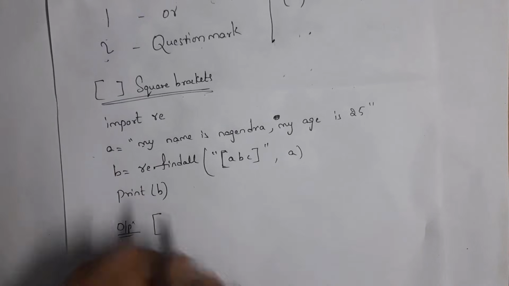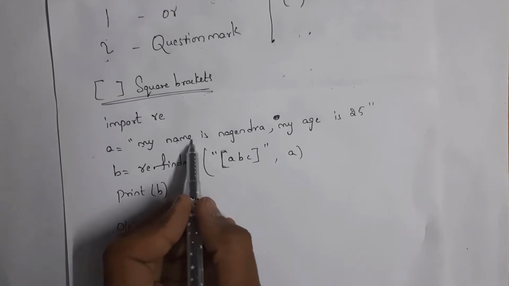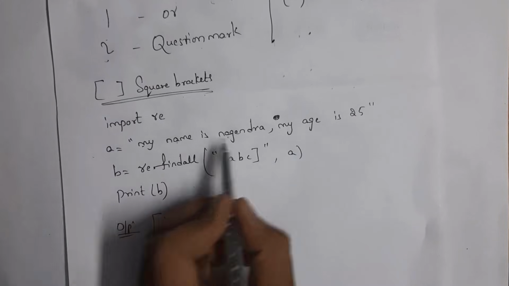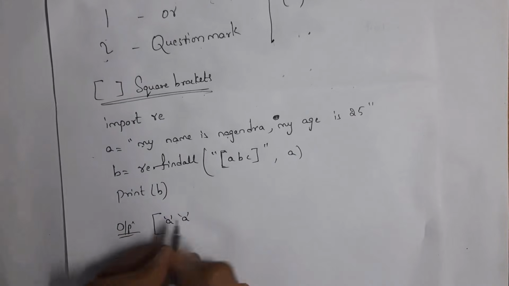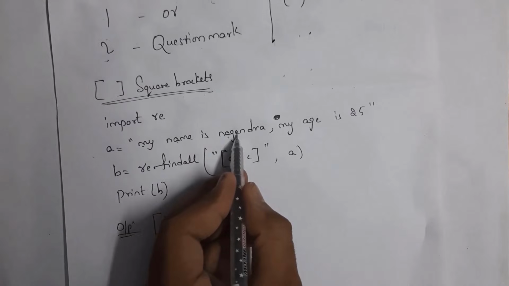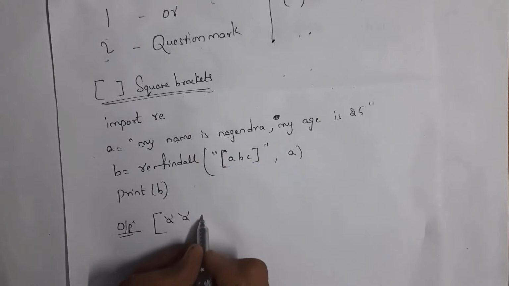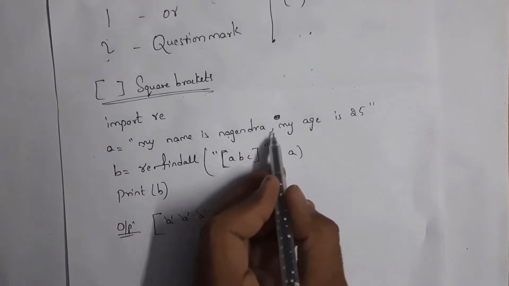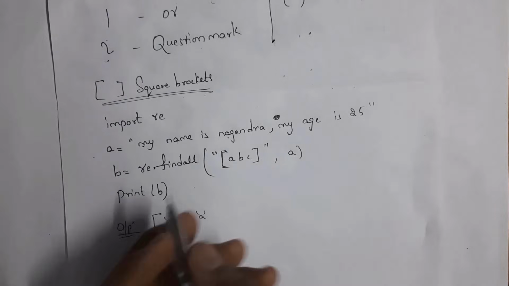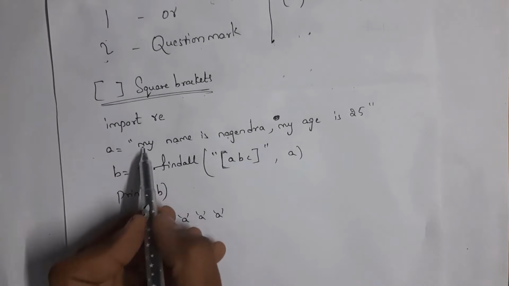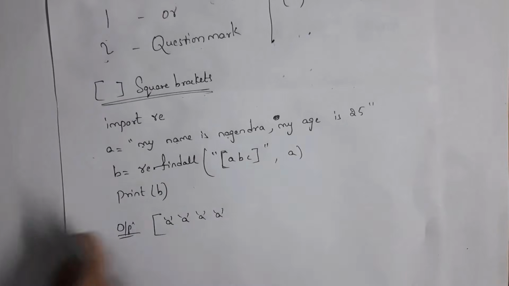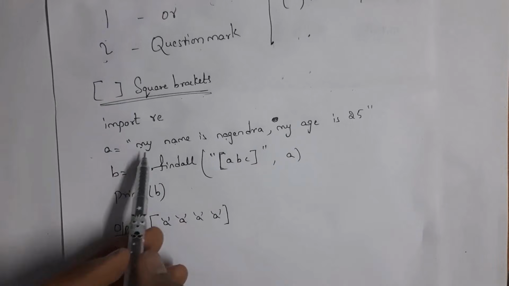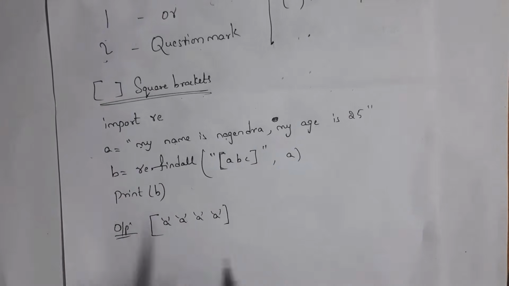Yes, a is available here, so it will print a, and next a is available here, so again it will print a, and we keep on checking. b and c are not available in this sentence, so it will print only a.